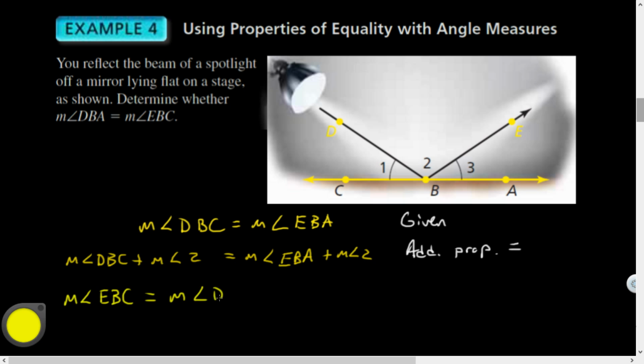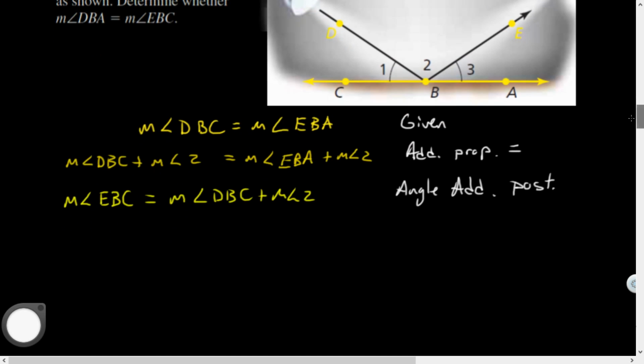Measure of angle DBC plus the measure of angle 2. Now, why is that true? That's true because of angle addition postulate. The idea that the big angle is equal to the sum of the two small angles is what we've got going there.